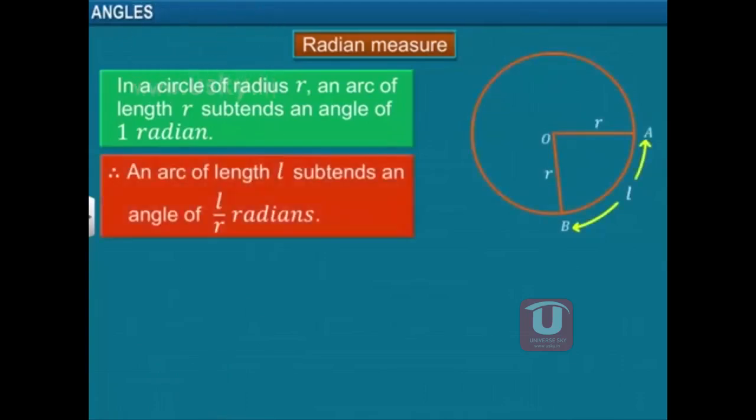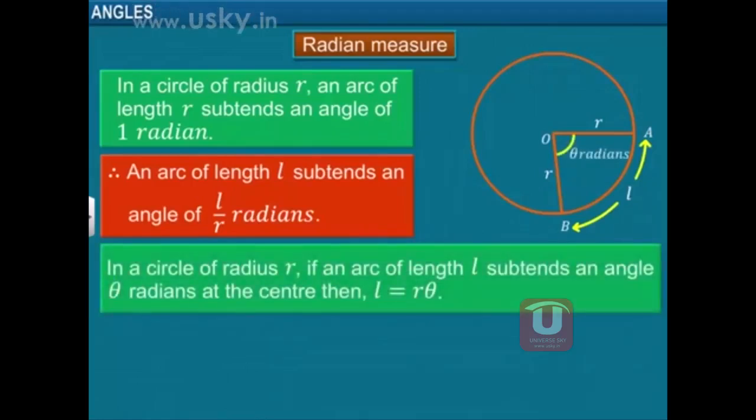And since equal arcs of a circle subtend equal angles at the center, an arc of length L subtends an angle of L divided by r radians. Hence, in a circle of radius r, if an arc of length L subtends an angle theta radian at the center, then L is equal to r theta.